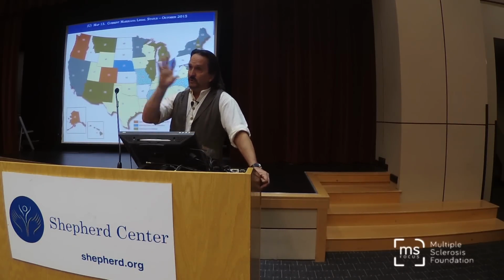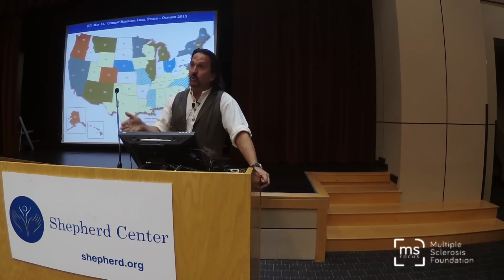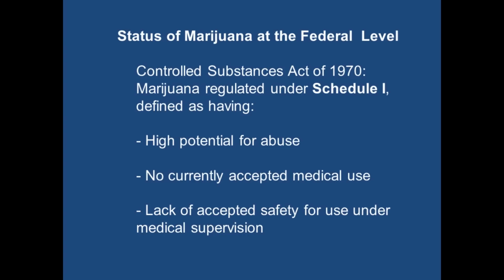And as we move on, we'll talk a lot about Georgia's laws in specific and what they mean to a person with multiple sclerosis. But again, we said that federally, marijuana is still classified as a Schedule I drug, meaning that as far as the FDA and the DEA are concerned, there's a high potential for abuse, there's no currently accepted medical use, and there's a lack of accepted safety for use under medical supervision. It was hoped that they would move it out of that category.